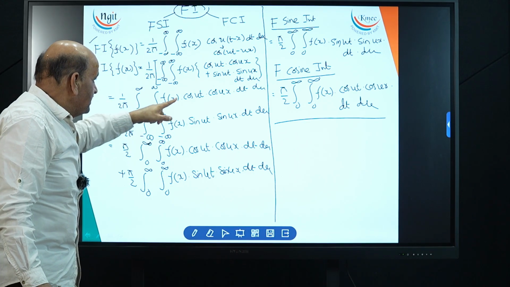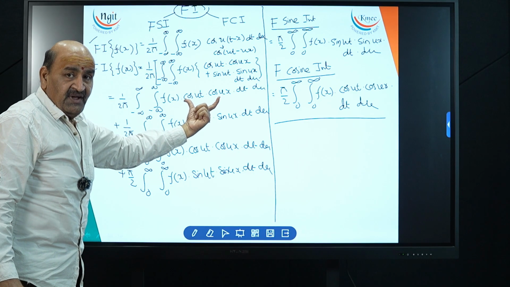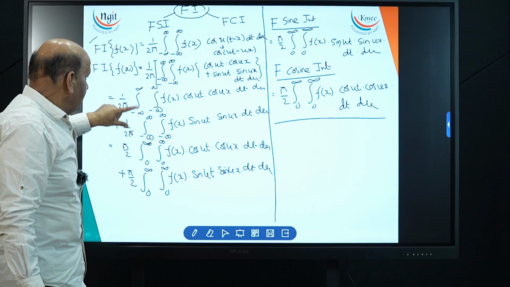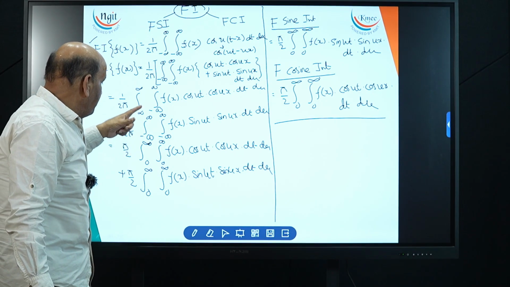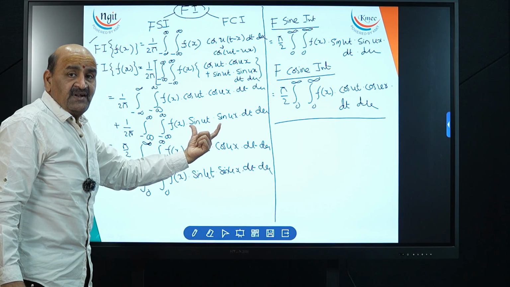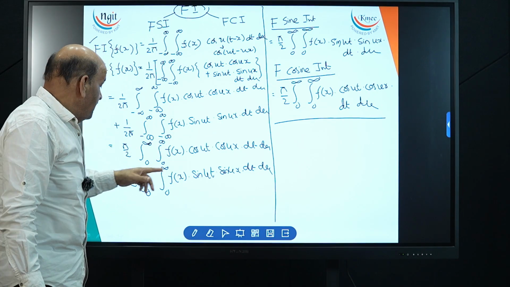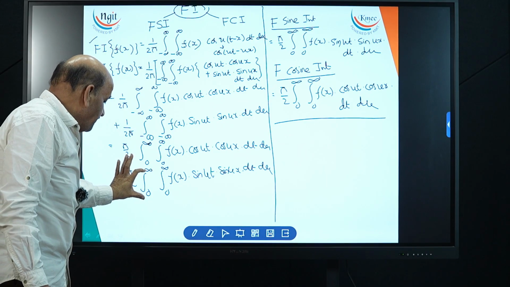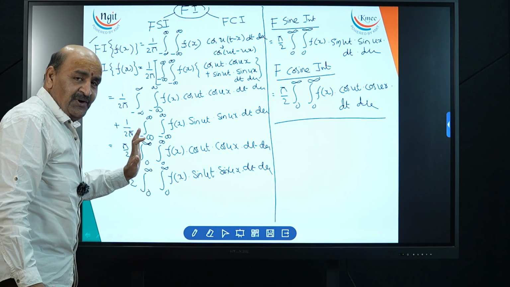After that, because the product of even is even, the limits change from 0 to infinity, 0 to infinity. Because the product of two odd signals is also an even signal, the limits are also changed to 0 to infinity, 0 to infinity.